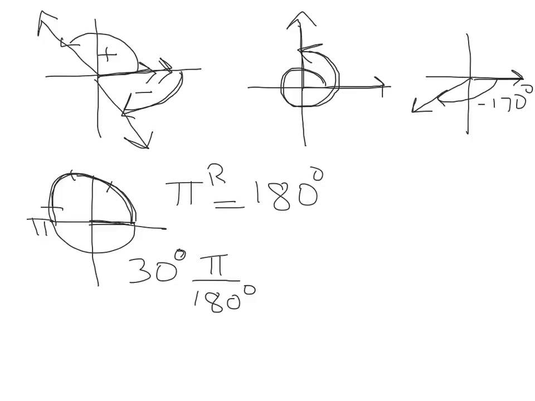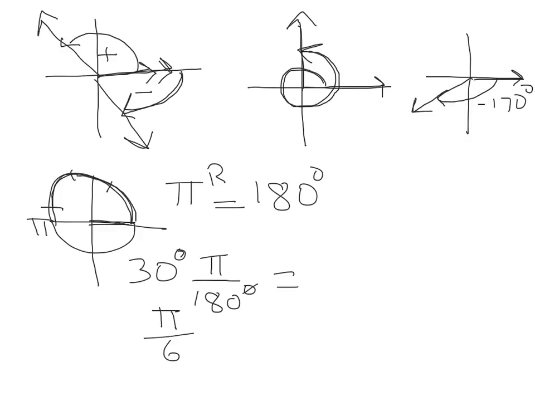The degrees then cancel, and if you're bad at reducing fractions, put into your calculator 30 divided by 180 equals, math, enter, enter. The math button is in the first column of your calculator. Your calculator will then give you 1/6, so my answer is pi over 6.